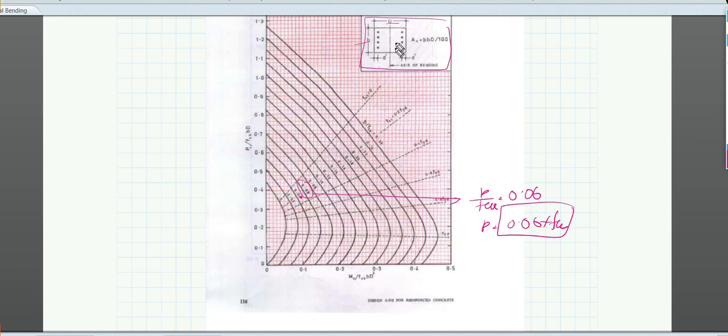The distribution of the reinforcement should be like this, and d dash is the effective cover of the reinforcement. And As is pbD by 100. If you try to find out the area of the steel, it is As = pbD by 100. So this is important.